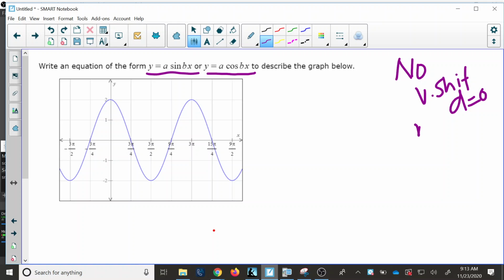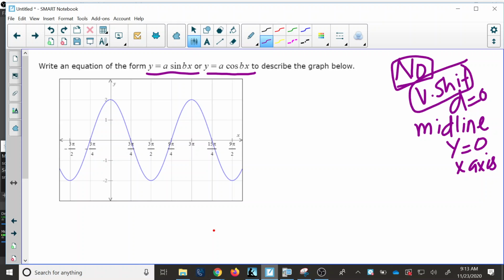That means the midline for these graphs will always be y equals 0, or the x-axis. So there's no vertical shift.